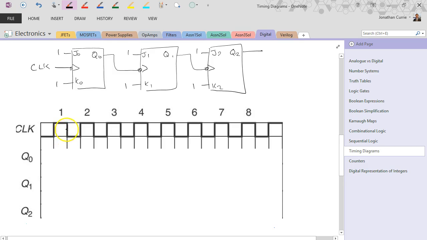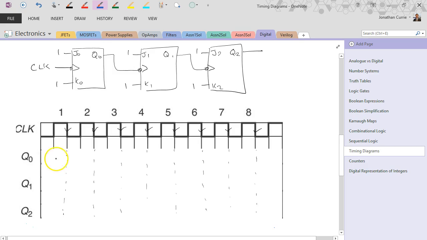I'm also going to draw little arrows on each of our falling edges. That will help us when we come to actually drawing this. The last step is a couple of construction lines, once again to help keep everything in sync together.